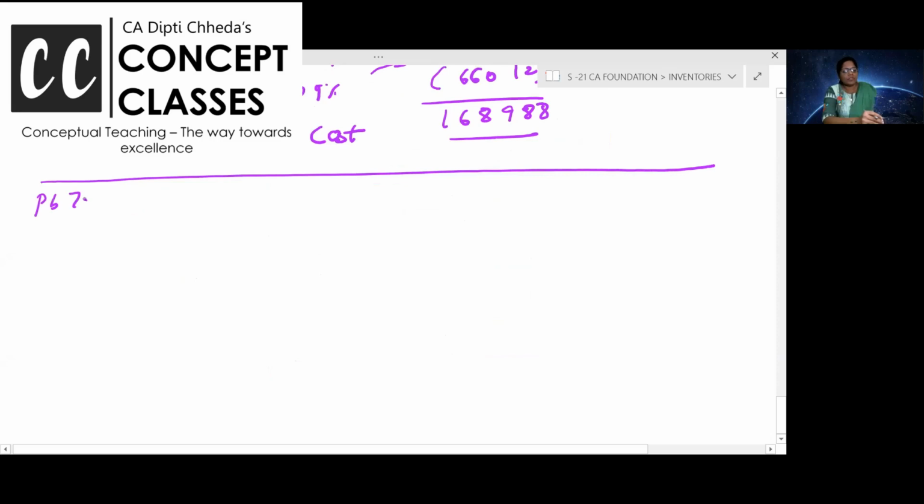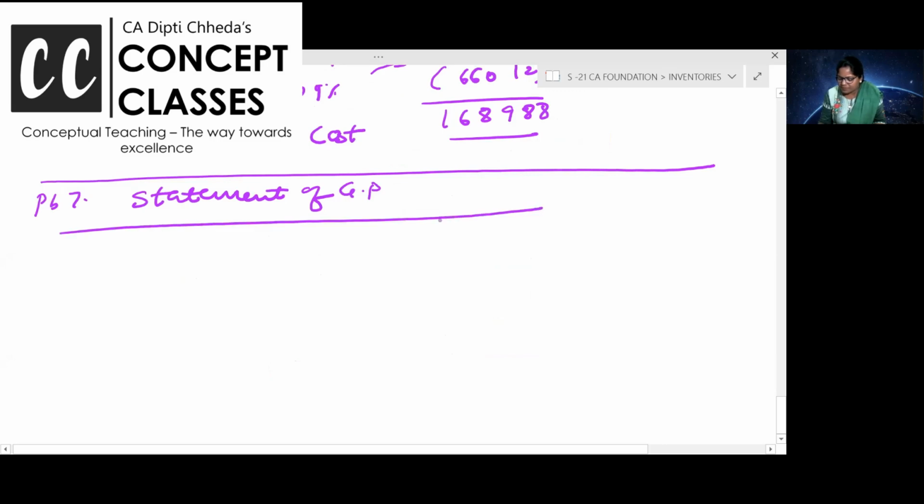Whatever you buy, if you sell, you will get the GP ratio. So they have given you, first we will write, अभी ना थोड़ा systematic लिखते हैं. Statement of gross profit. Sales. What is sales? 2 lakh.